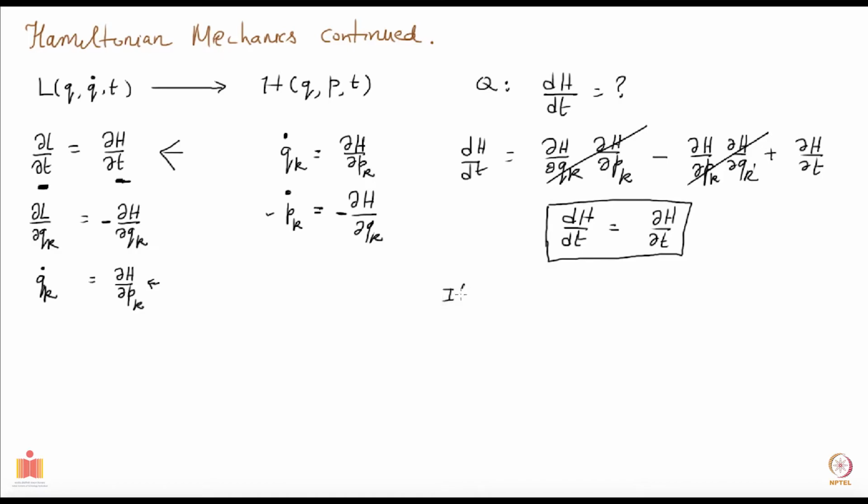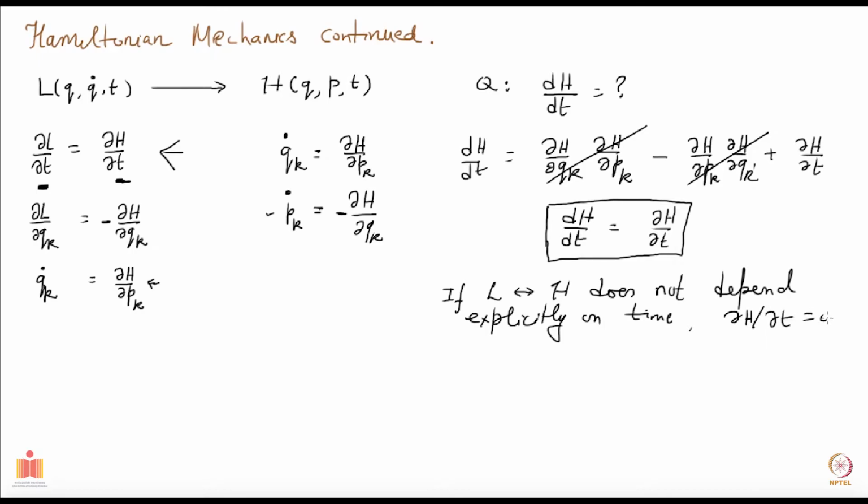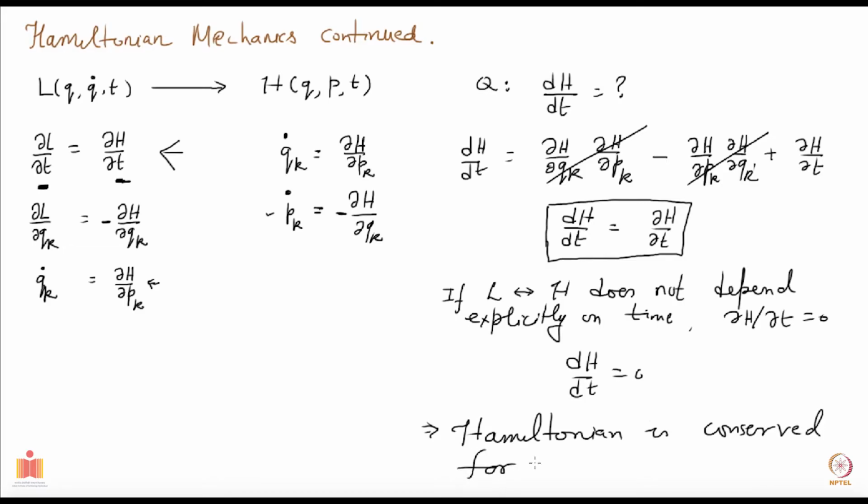So if L, or equivalently H, does not depend explicitly on time, then this thing is 0, and dH/dt is equal to 0, which means that the Hamiltonian is conserved for such systems.